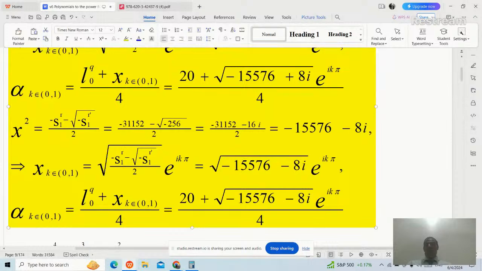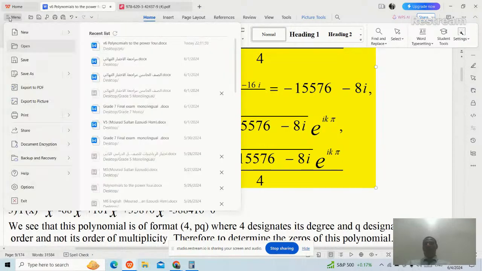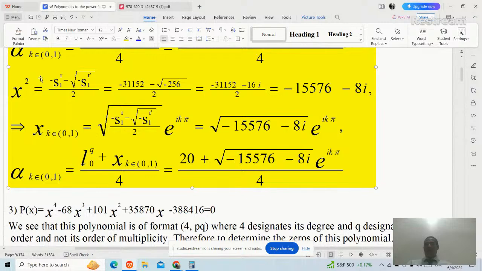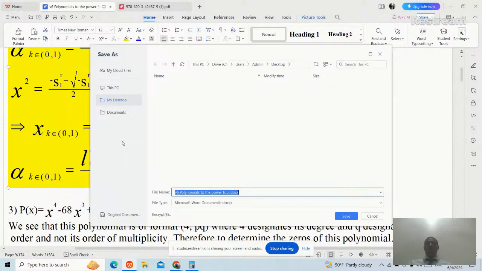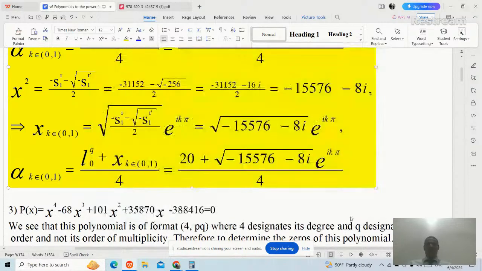Therefore, I'll just close this parenthesis. And inshallah soon I will also explain more methods, and I wish that everyone now gets the point: how can we solve a polynomial to the power n using the discriminant formula of MOURAD, Sultan, Ezouidi? Okay, I'll just close this.